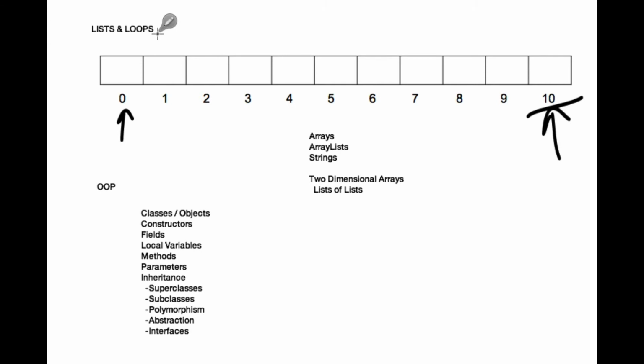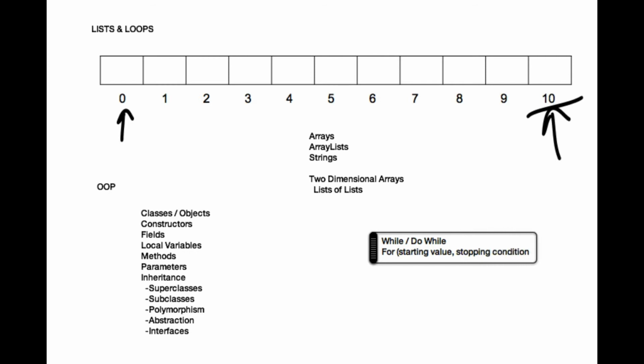And then the loops, right, we went over, you have a bunch of loops available to you. You have the while loop and its variant, the do while. Okay, you have the traditional for loop where you do the starting value, stopping condition, and the increment.